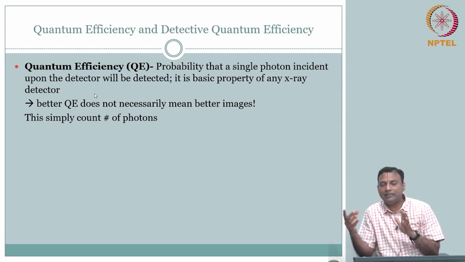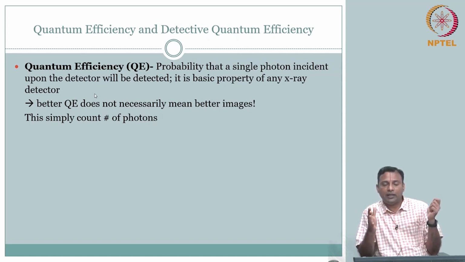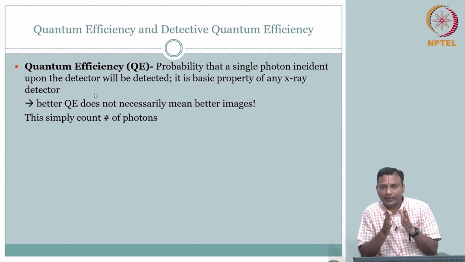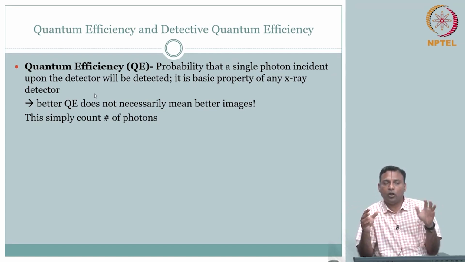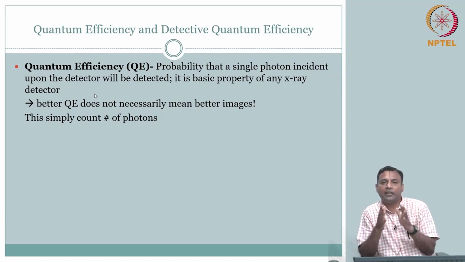I have some intrinsic signal to noise ratio because of the physics and other things coming in. Now I have an output image, and that output image has a signal to noise ratio. You want the detector to efficiently transfer the input signal to noise ratio to the output. The output signal to noise ratio should be as close as possible to your input signal to noise ratio. Your detector should not spoil that.